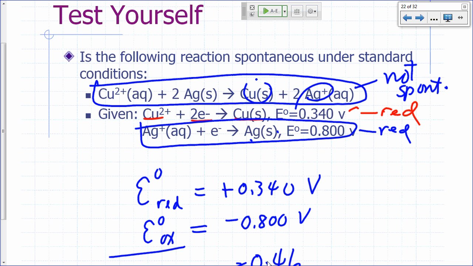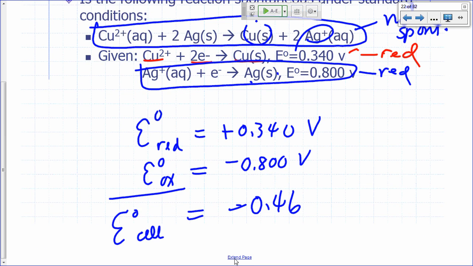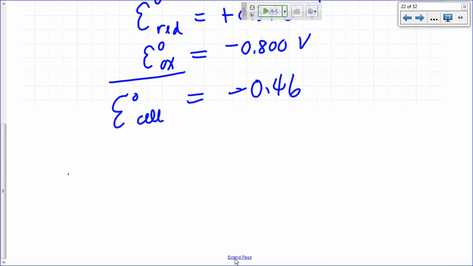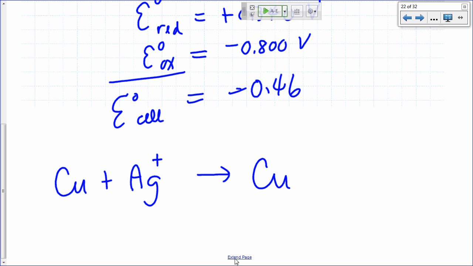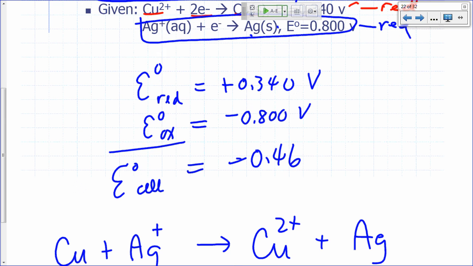But what if I flip this reaction? If I write it the other way, if I have instead copper and I put it in a solution of silver ions, will it give me copper ions plus silver metal? What's my standard cell potential for this? You're going to have to flip all your numbers, right?